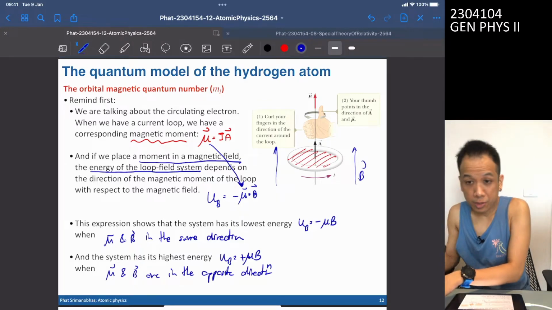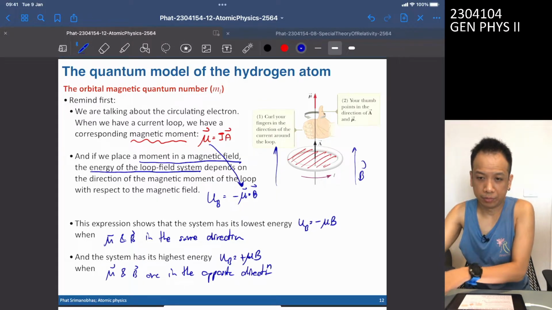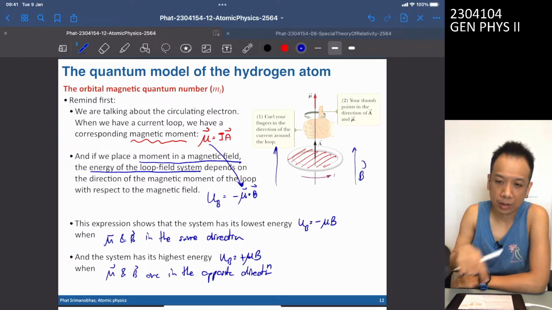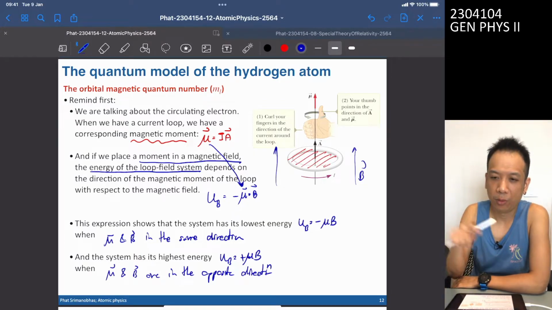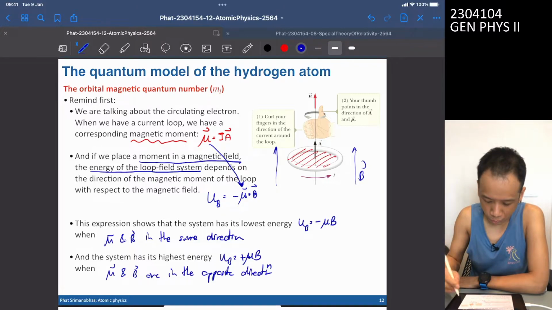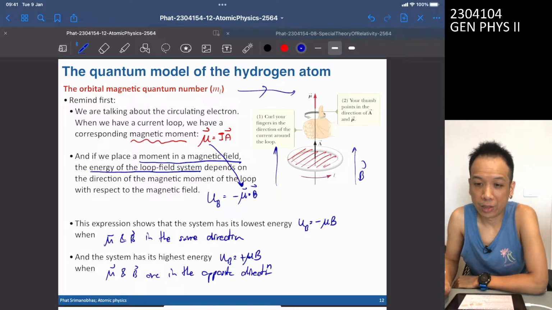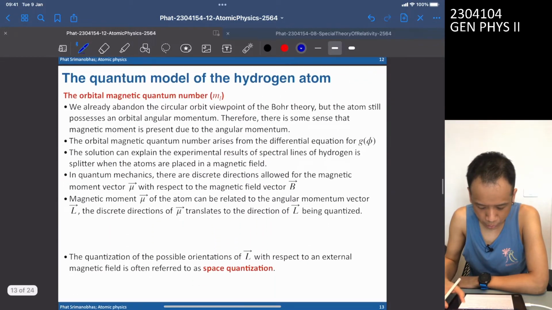We're going to use this concept to describe the system. Why? Because we are talking about an electron which circulates, right? When you're talking about an electron circulating, it's a current. The current is just the way the electron is moving, so it's not something special.